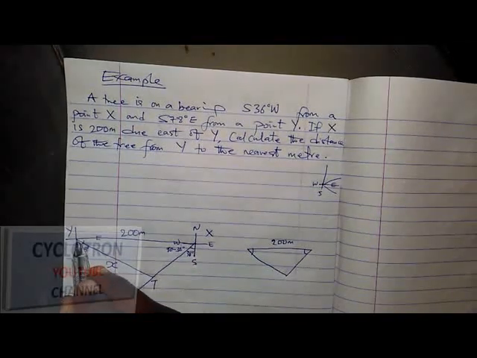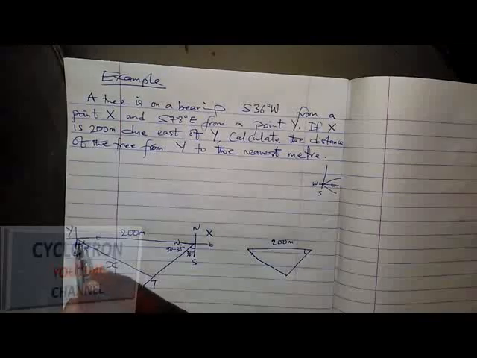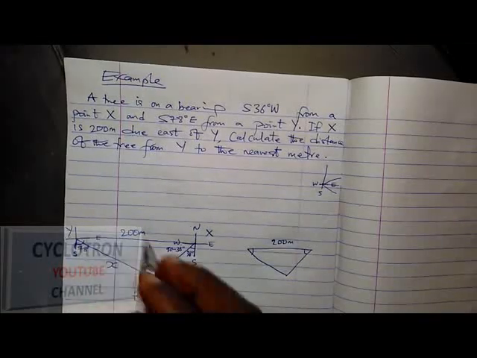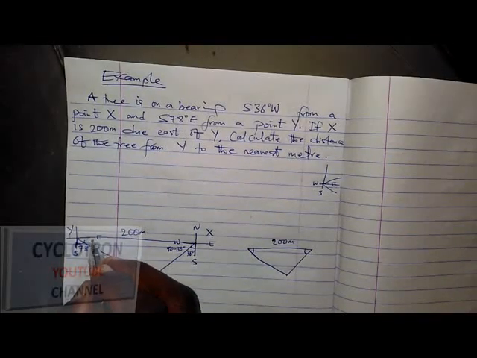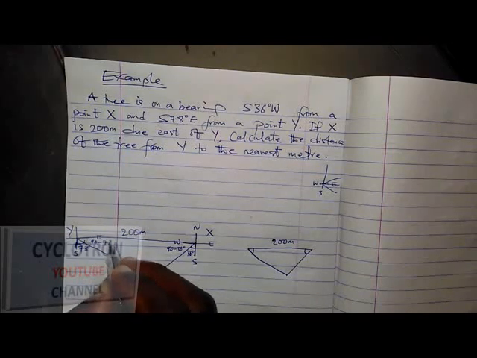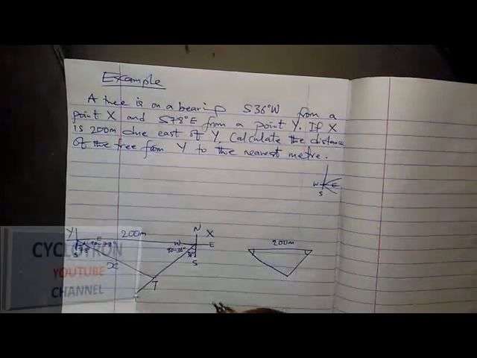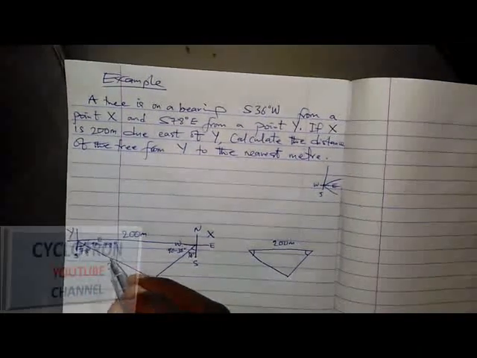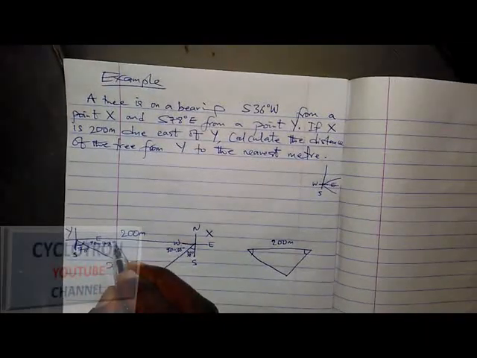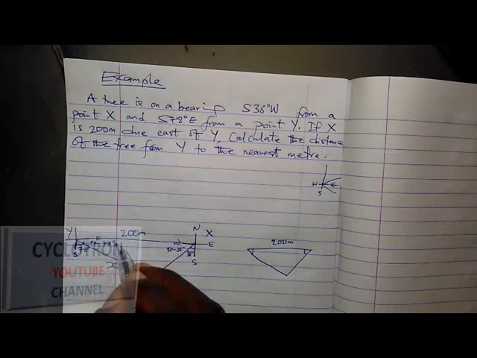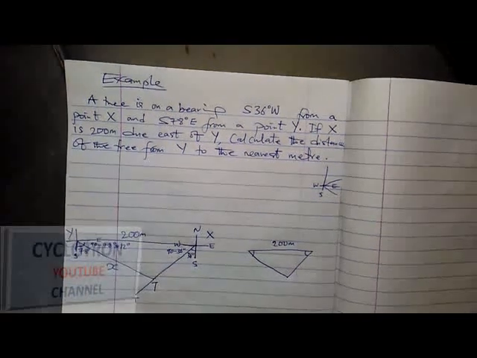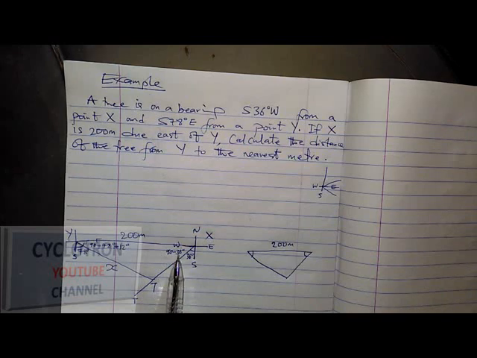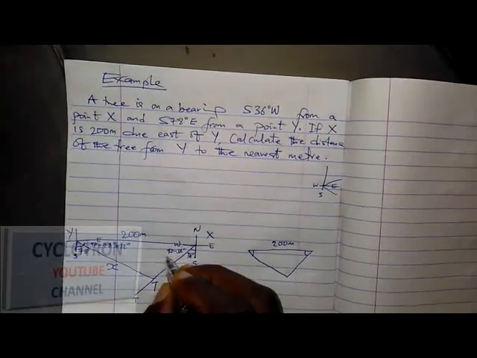Everything here is 90, so 78 is outside. What remains inside is 90 minus 78 degrees, that is equal to 12 degrees. Now 90 minus 36, that's 54 degrees.